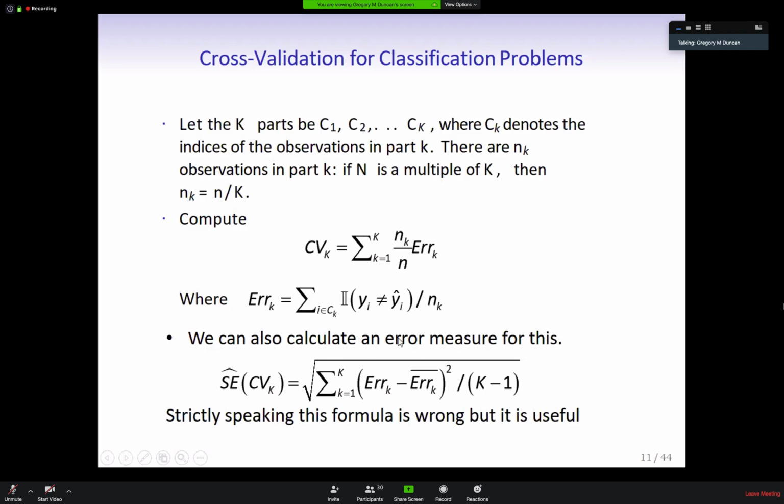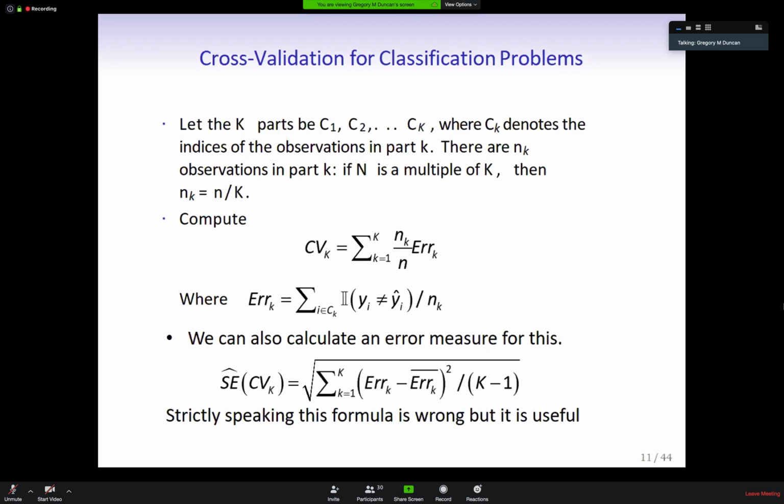We can also calculate an error measure for this average cross-validation rate, and it's simply given by this formula. It's the error minus the average error. So average up all of these errors, square them, sum them, and divide by K minus 1, and take the square root.